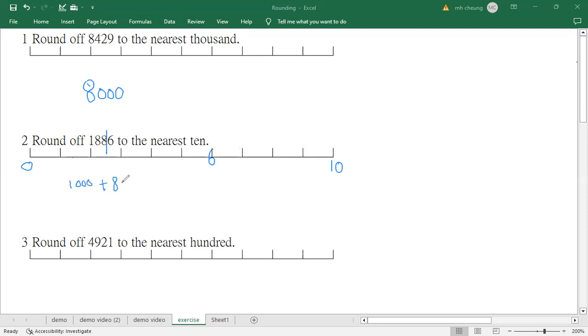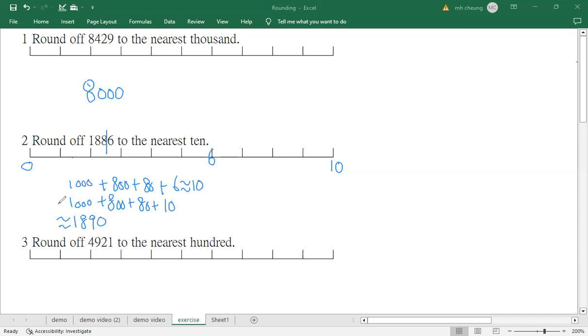Originally, it should be 1,880 followed by 6, but now 6 is roughly equal to 10. So I will say the number should be equal to 1,000 together with 800 followed by 80 and 10, which is equal to 1,890.